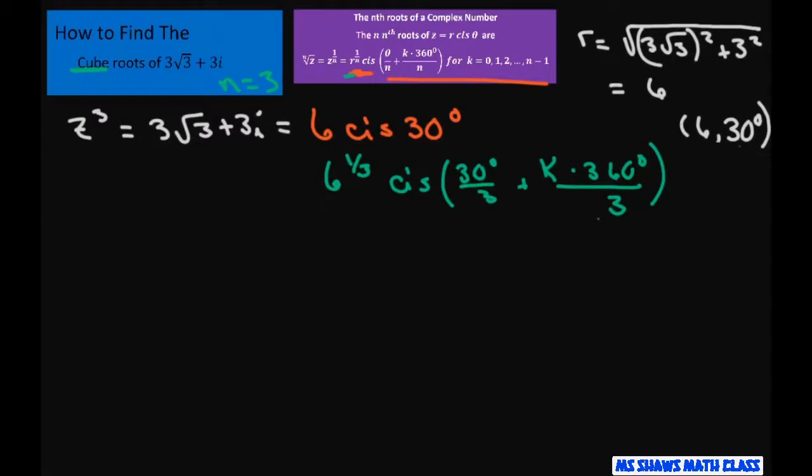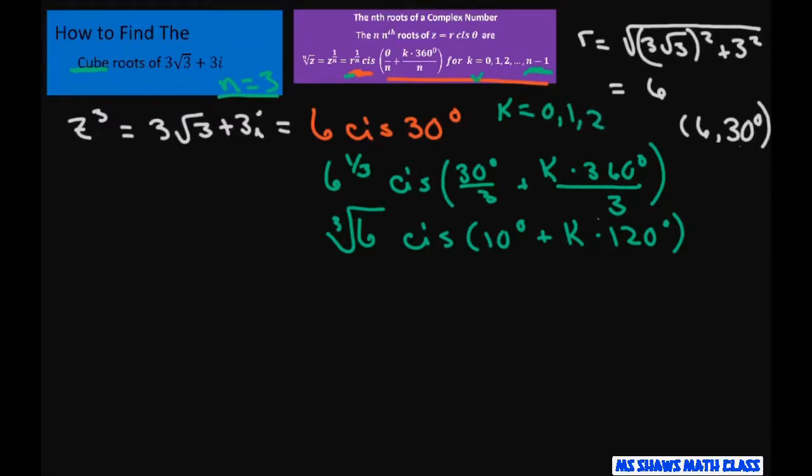Now this simplifies to cube root of 6 cis of 10 degrees plus k times 120 degrees. And this is for k equals, since n is 3, n minus 1 is 2, so we start with 0, 1, and 2.